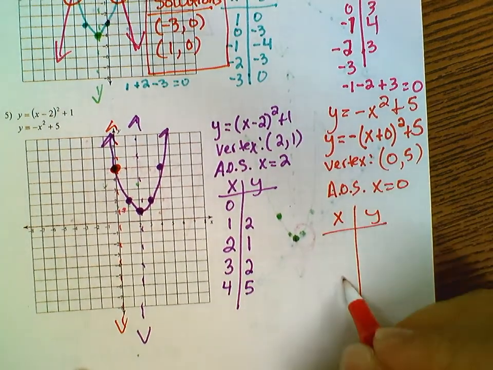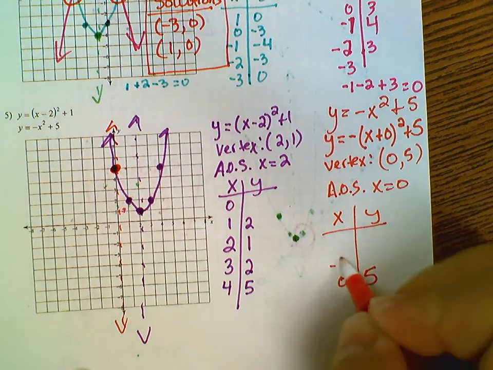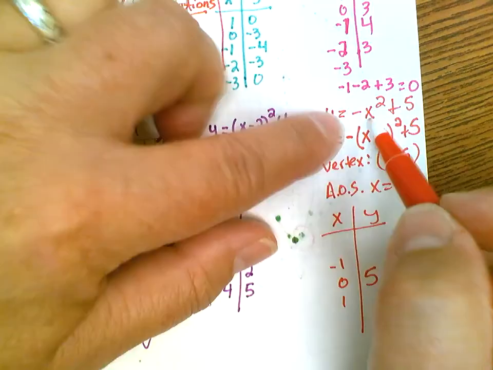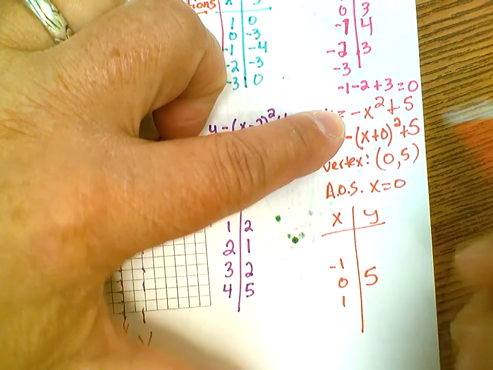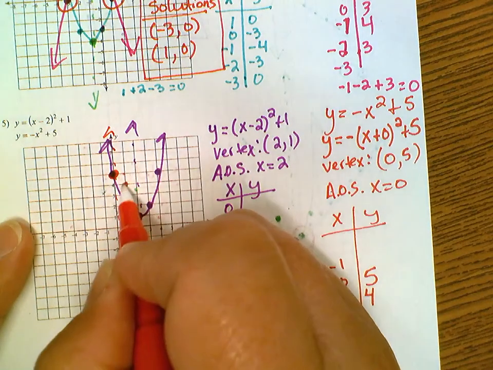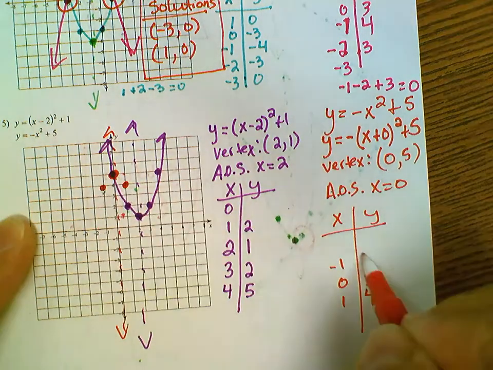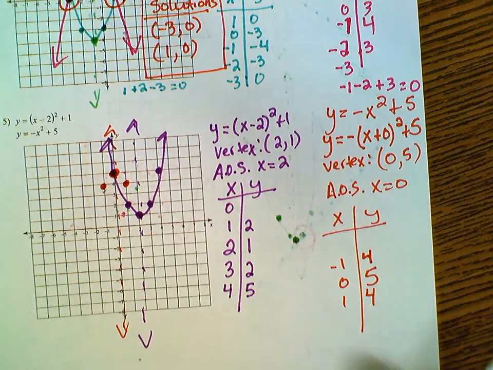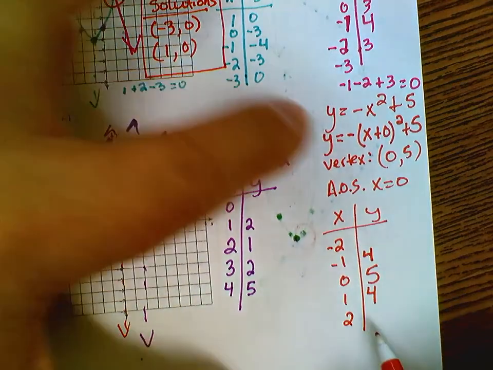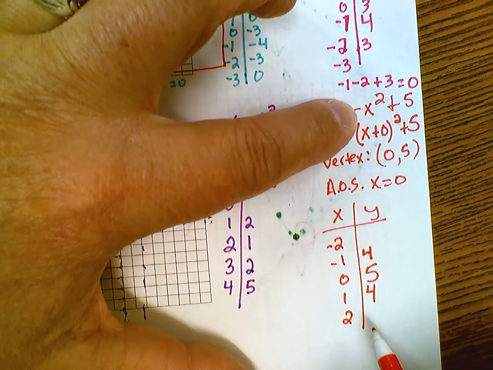So here's my table. I have negative 1 and 1 on either side. So let's plug in 1. 1 squared is 1. That's negative 1 plus 5 is 4. 1, 4, and then negative 1, 4. And then I have 2 and negative 2. So if I plug in 2, 2 squared is 4.